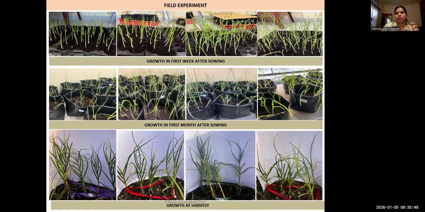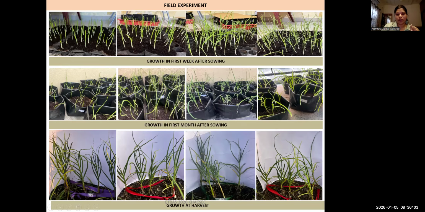Then these saplings were further transferred to bags with a diameter of around 25 centimeters. A set of 5 plants was planted in each black bag. This was the growth that I observed in the first month after sowing. The results are further presented in the graphs. And at harvest, this was the morphology of the plants that were harvested in the month of April last year.